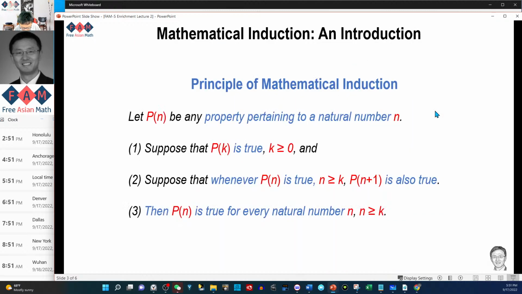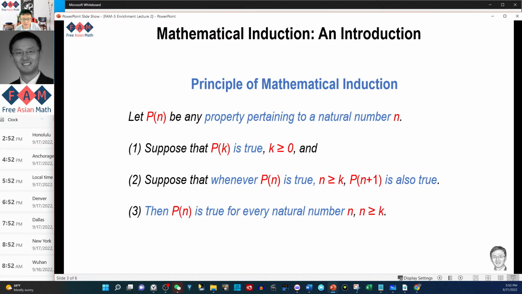It's exactly the mathematical induction axiom. This is actually a group of axioms. We leave this out because this is too advanced for regular 5th grade students. If we introduce this concept, this will become college math.